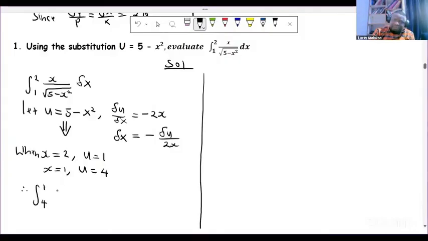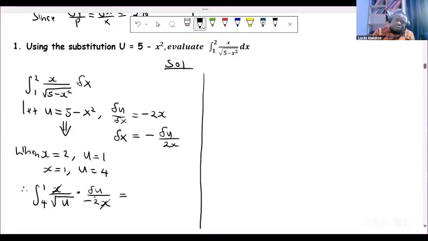Is that clear? So now I will put my x here over. We have said that 5 minus x squared is u, so I'll leave it there. What's our dx? Our dx is du over negative 2x. Now, x will cancel x.